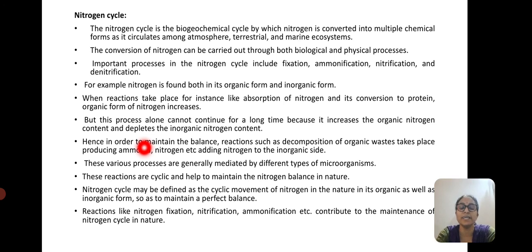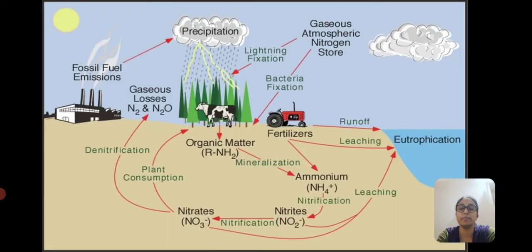Then finally we studied the nitrogen cycle, which is a very, very important biogeochemical cycle. We already discussed during nitrogen fixation how inorganic nitrogen is converted into organic or usable forms, and they are taken up by the organisms, and again they are given out to the environment through nitrification, denitrification and also mineralization processes, and we see the leaching, runoff and eutrophication.